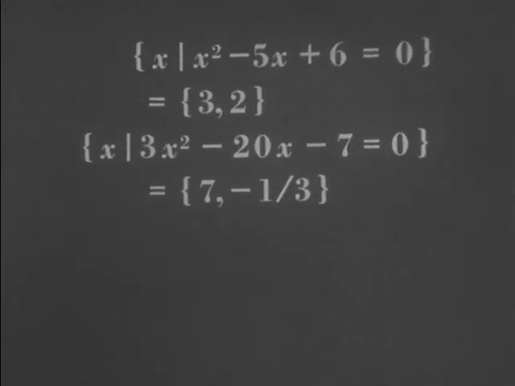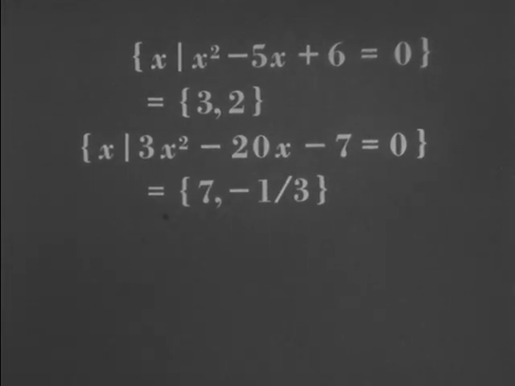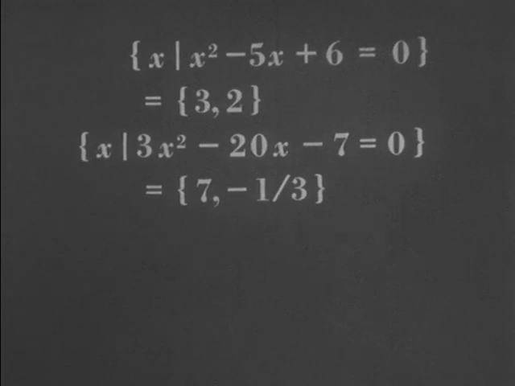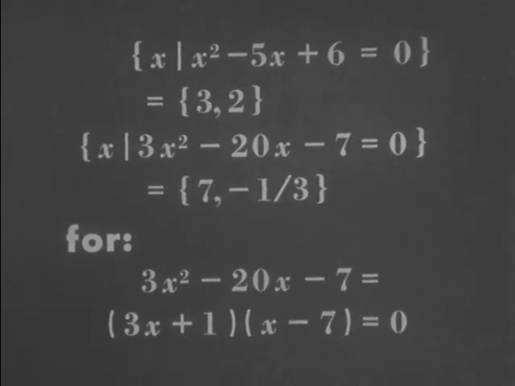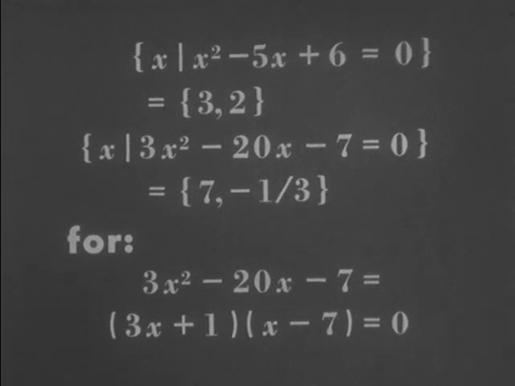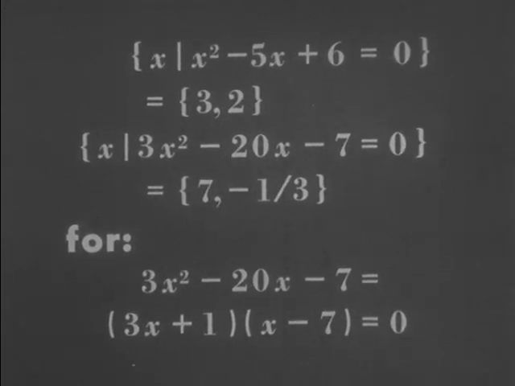The set of all x's such that 3x squared minus 20x minus 7 equals 0 is the set 7, minus 1/3. For 3x squared minus 20x minus 7 equals (3x plus 1) times (x minus 7).